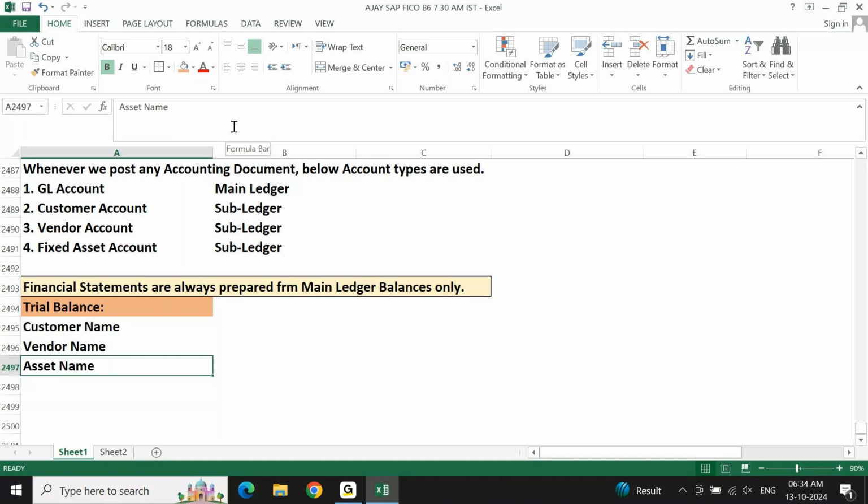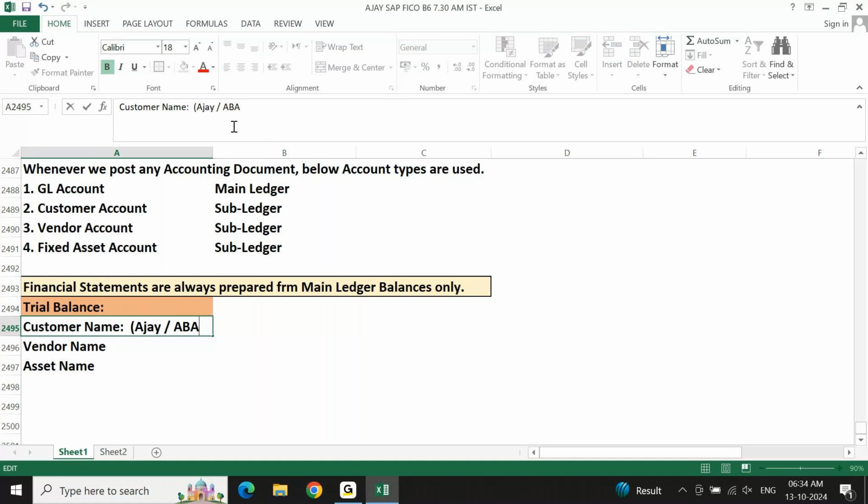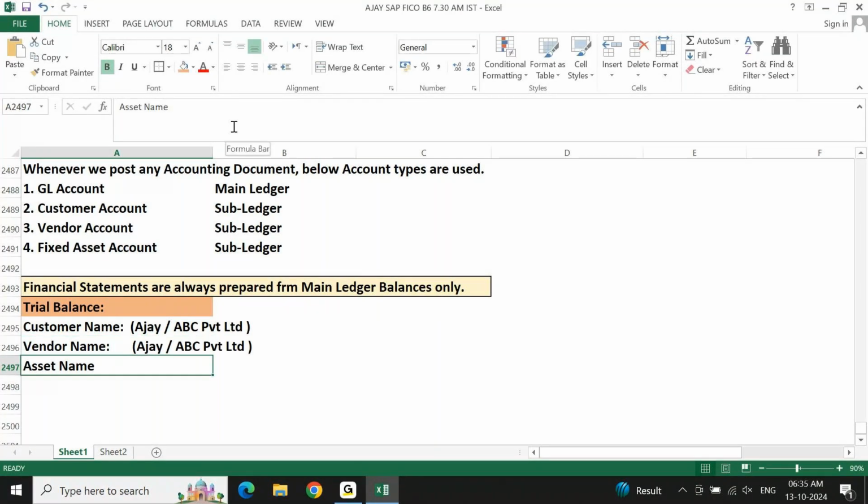No. For example, if I mention ABC Private Limited, anybody saw like this in any trial balance, in any balance sheet? Name of a person or name of a company? No, sir.